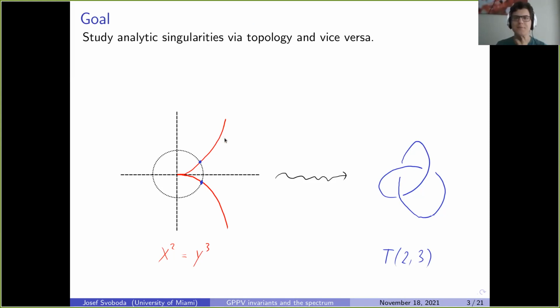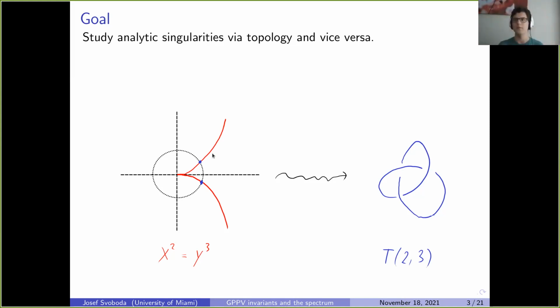In general, you cannot get very interesting knots. You can only get torus knots, and you can also take the knot and take some part of it and replace it by another torus knot. So you can put many torus knots together, but this is all you can get.